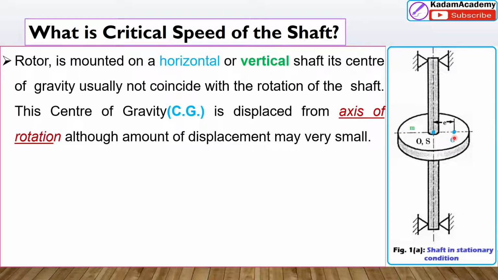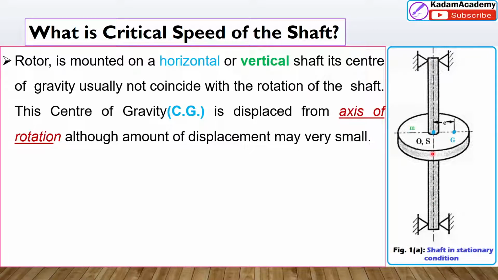There are different causes. Eccentric mounting of the rotor on the shaft, or lack of straightness of the shaft, may be a possibility. In the case of a horizontal shaft, there is bending of the shaft under the action of gravity, whereas this is a vertical shaft.